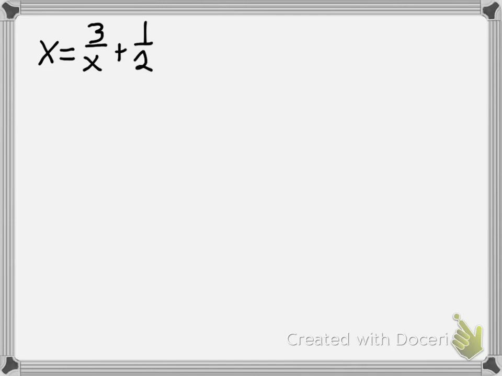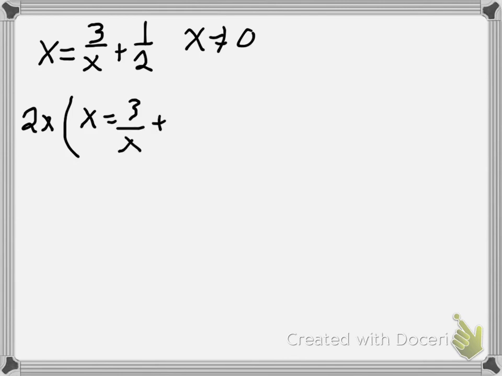Well, first off, you have to realize that x cannot equal 0. Okay, now what's the common factor? I have 2 times x, so I multiply everything by 2x. So I have 2x times all of this. X equals 3 over x plus 1/2.